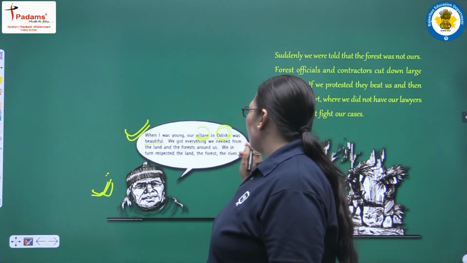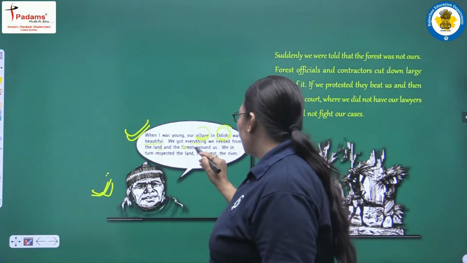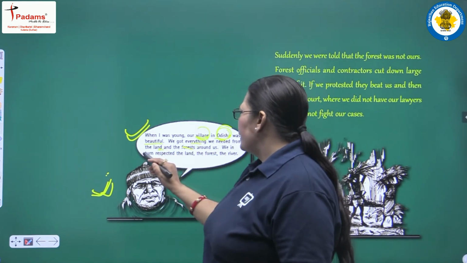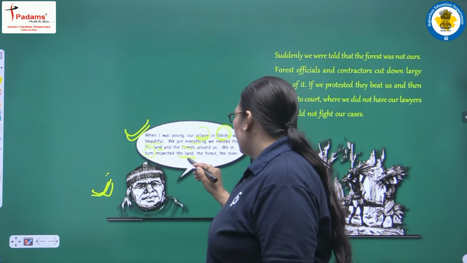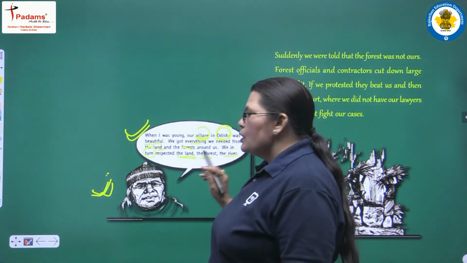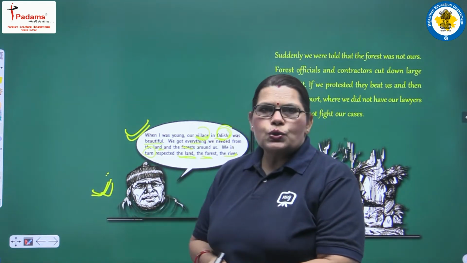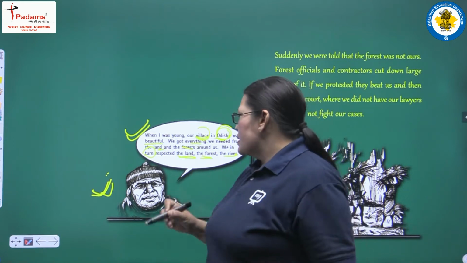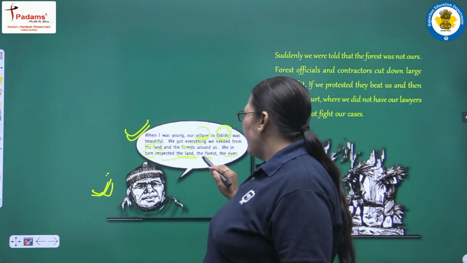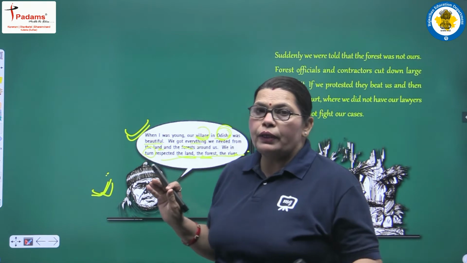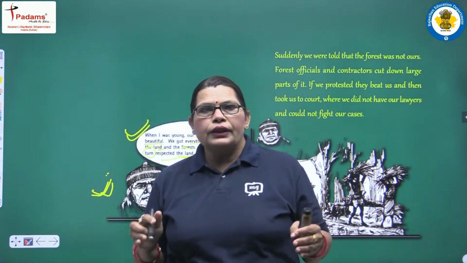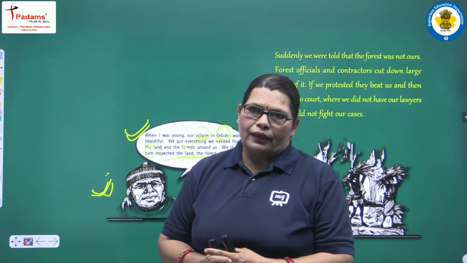We got everything we needed from the land and forest around us. We in turn respected the land, the forest, the river. So this is how Dadu expressed that we respect the land, the forest, the river. It means every natural thing they are respecting.